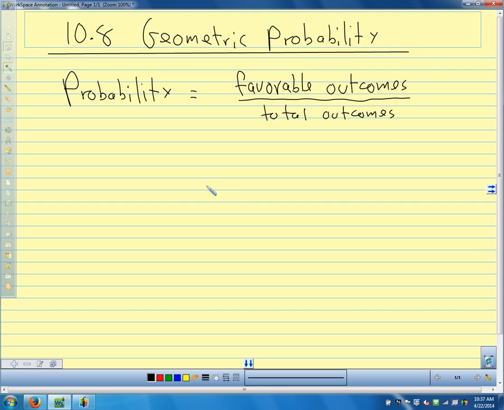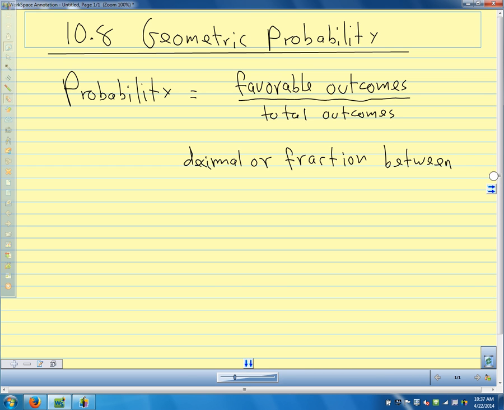Our probability always gives us a decimal or a fraction between 0 and 1. So our probability always comes out between 0 and 1.